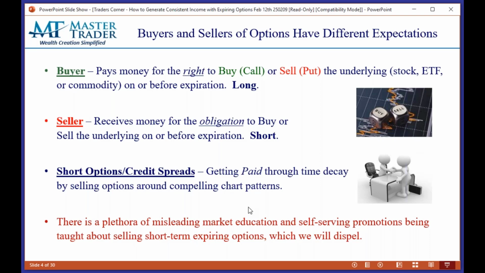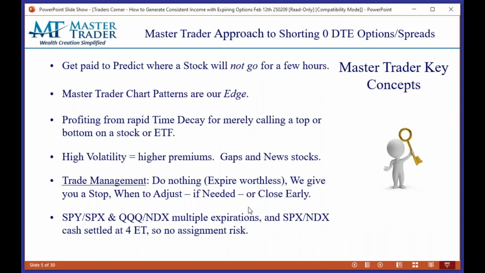And some of those same people say never sell a 0 DTE credit spread, and I don't even know what the reason is. It's just bad information, and I'm going to show you otherwise.